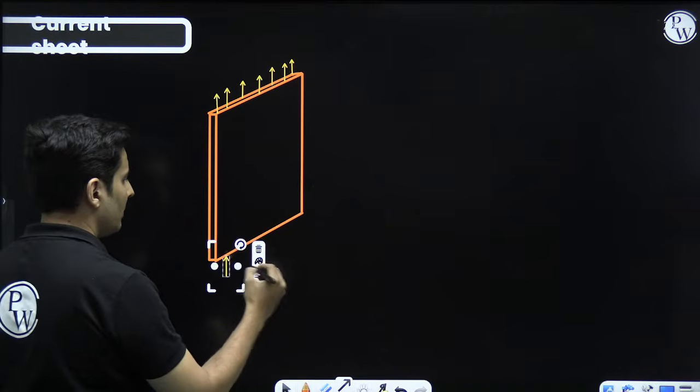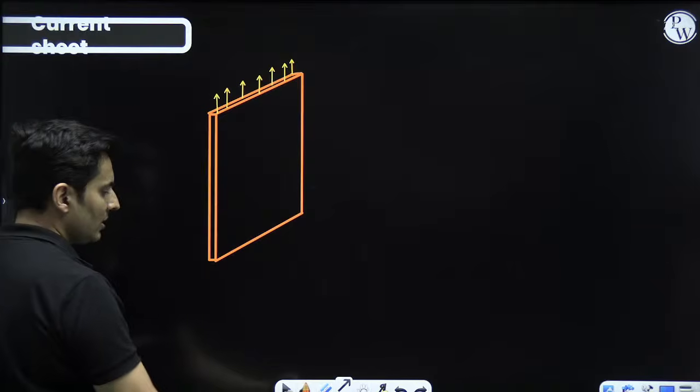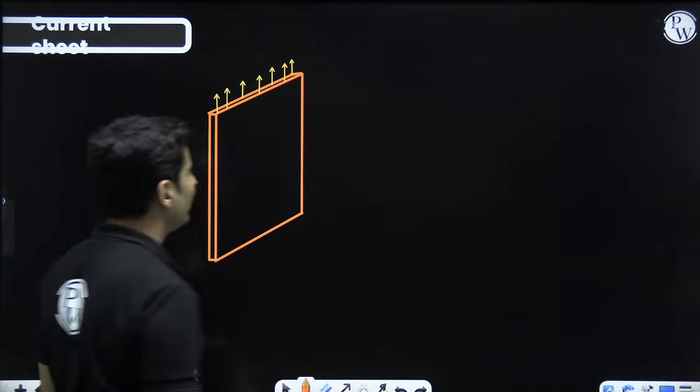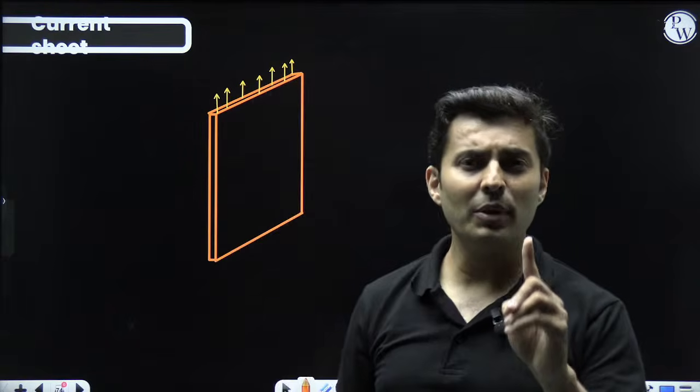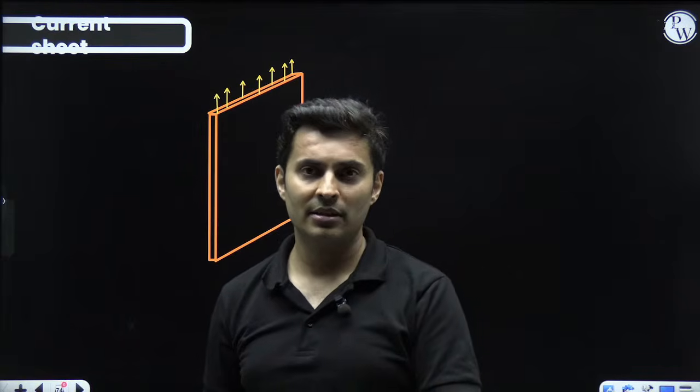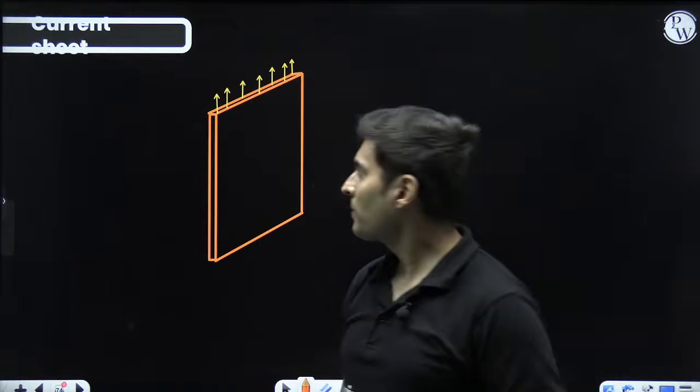They are entering from here and exiting from there. So this is a sheet of wires carrying currents, just like you had a charged sheet in electrostatics.